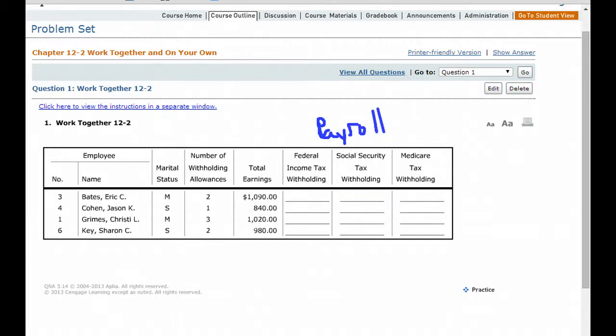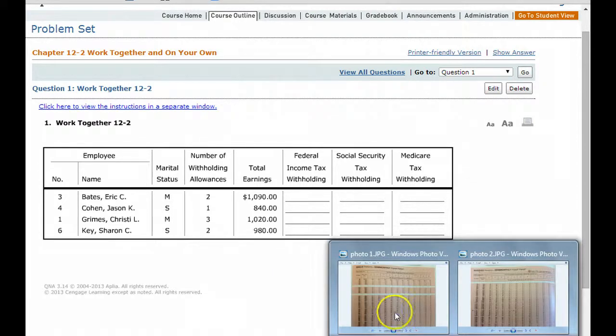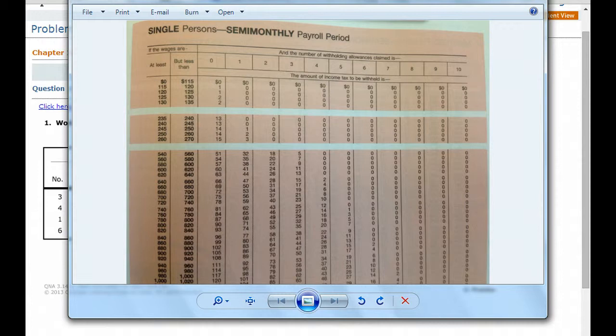So in order to calculate federal income tax, you first need to have that W-4 filled out, and that's going to allow you to figure out how much tax should be taken out. You use this right here, which is called a tax table. Let me write that down.